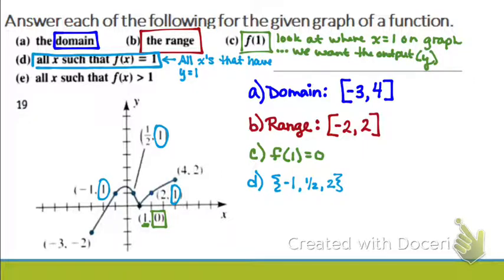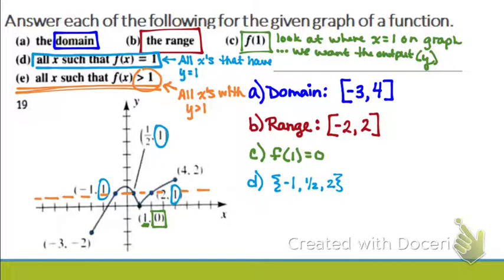Last piece. I want all x such that y is greater than 1. So here's where y is exactly equal to 1. I'm looking at which pieces here then?